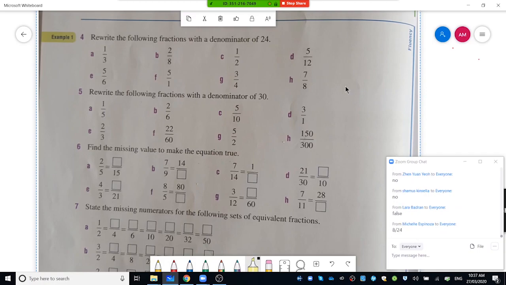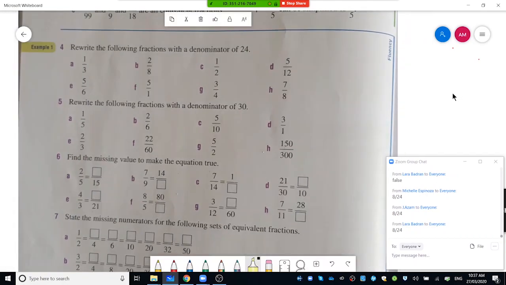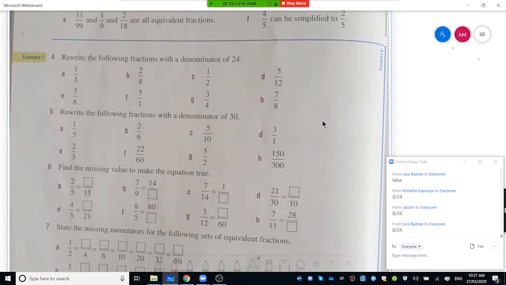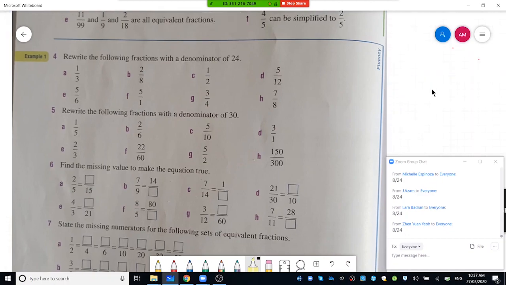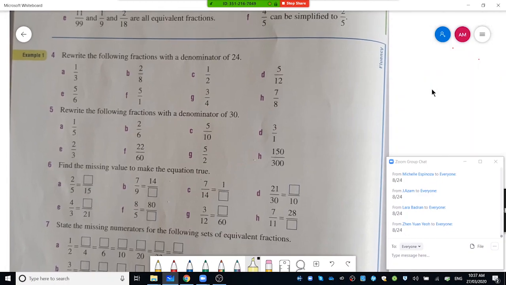So let's see how we are able to do that. I will do it here, and let me take a pen. So we have 1 over 3, and we want to write it with 24 in the denominator.